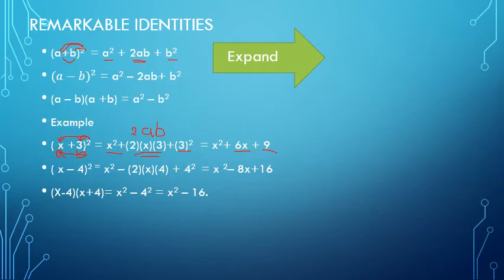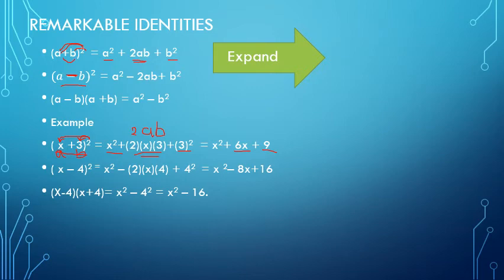Now we have the second one, which is like a plus b, but here we have minus. We have a minus b all squared. It is a squared minus 2ab plus b squared. And here we have a minus b into a plus b equals a squared minus b squared.